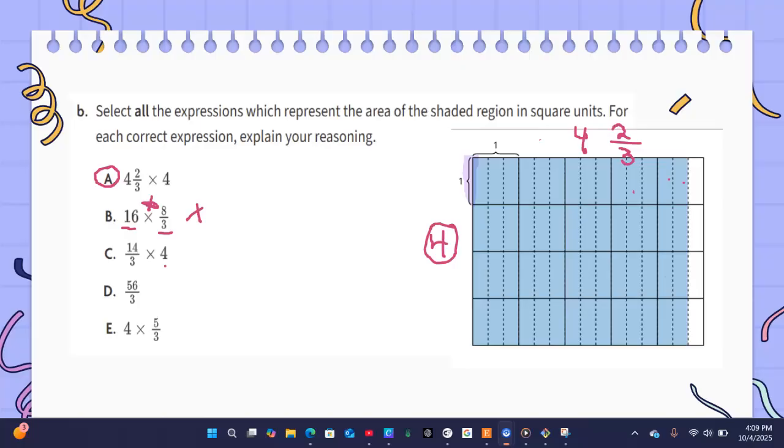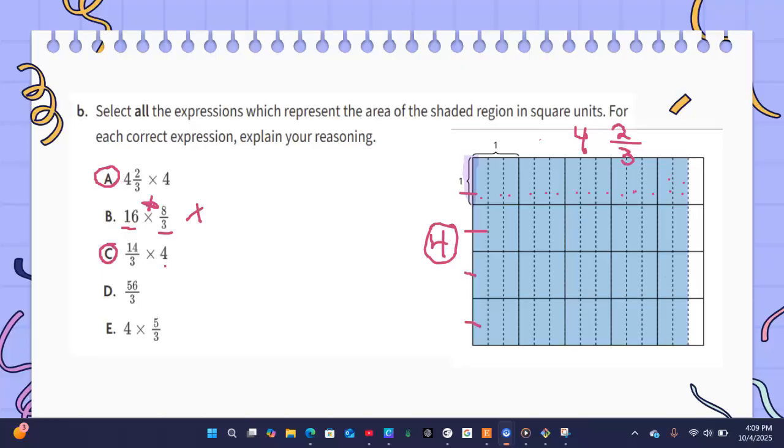Great. Now, can I see 14/3? Let's go back and count like we did in letter B. 1, 2, 3, 4, 5, 6, 7, 8, 9, 10, 11, 12, 13, 14. Awesome. And it is partitioned into thirds. So I do see 14/3 times 4. It's 14/3 there, 14/3 there, 14/3 there, and 14/3 there.